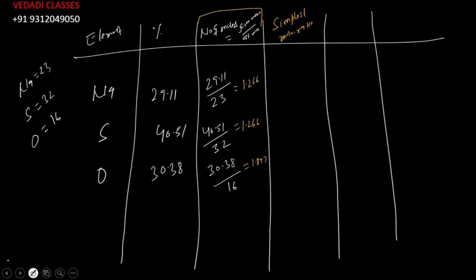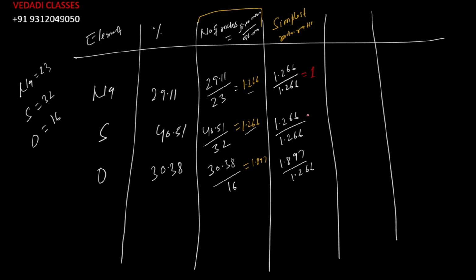The lowest value divided by itself gives 1, both for sodium and sulfur, because they cancel each other, and 1.897 divided by 1.266 comes to near about 1.5.